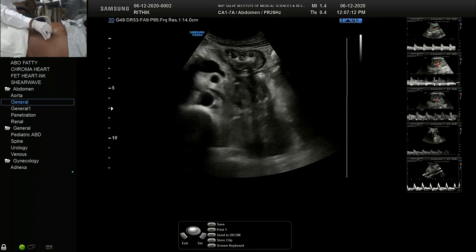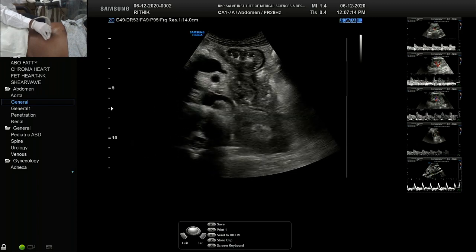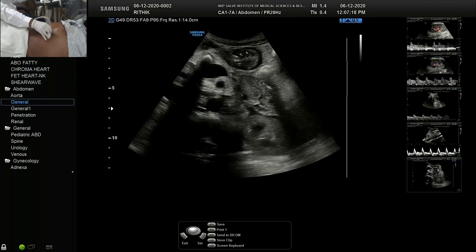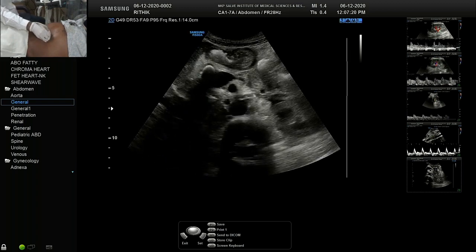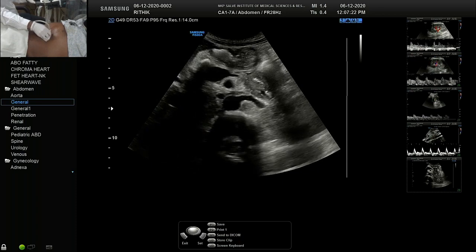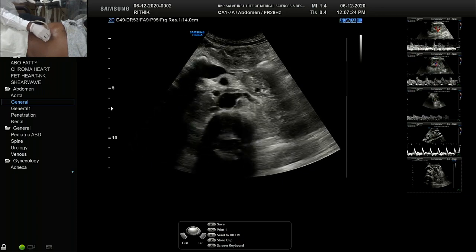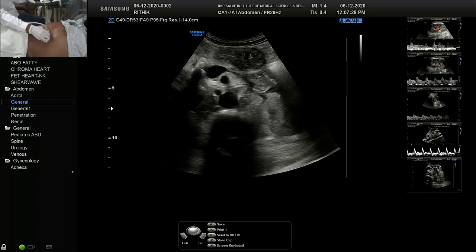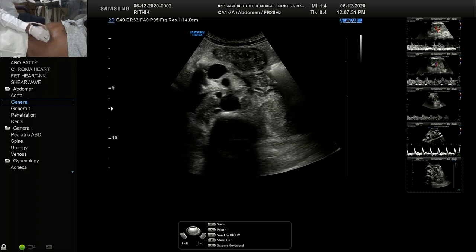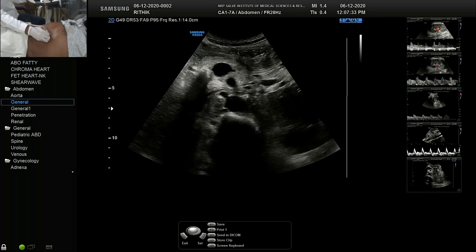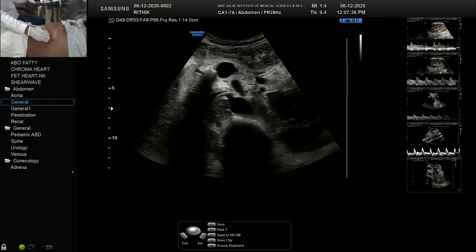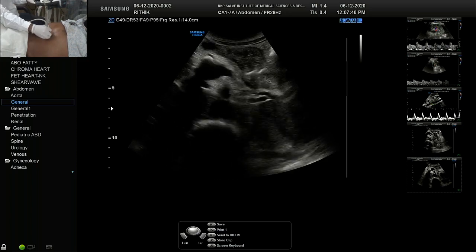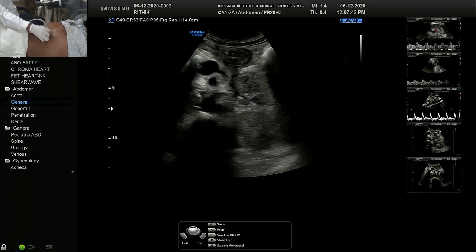I have made a little bit of an oblique view. You can see the left renal artery very nicely. That is the right renal artery, a little bit of anterior origin. So we'll sample them quickly.